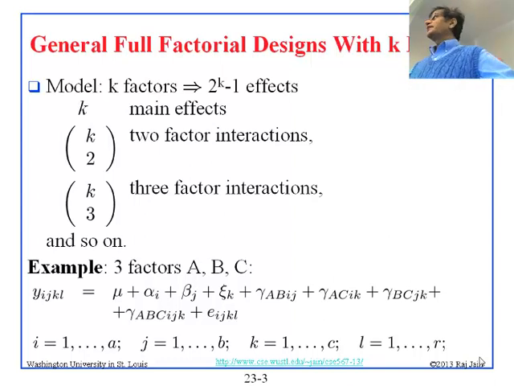Now if you just make it 4 factors, then you will have 4 main effects. And how many second order effects? Anybody? If you had 4 factors, how many second order effects? Formula is right here.